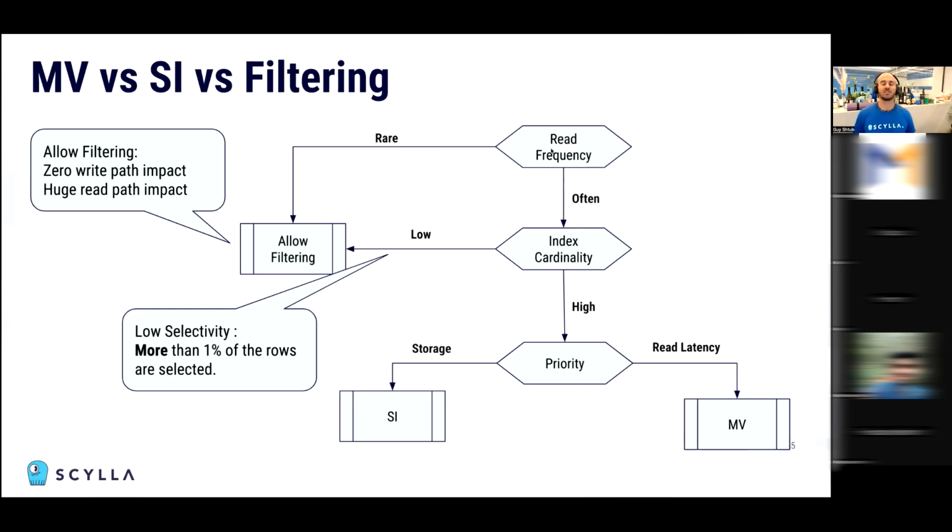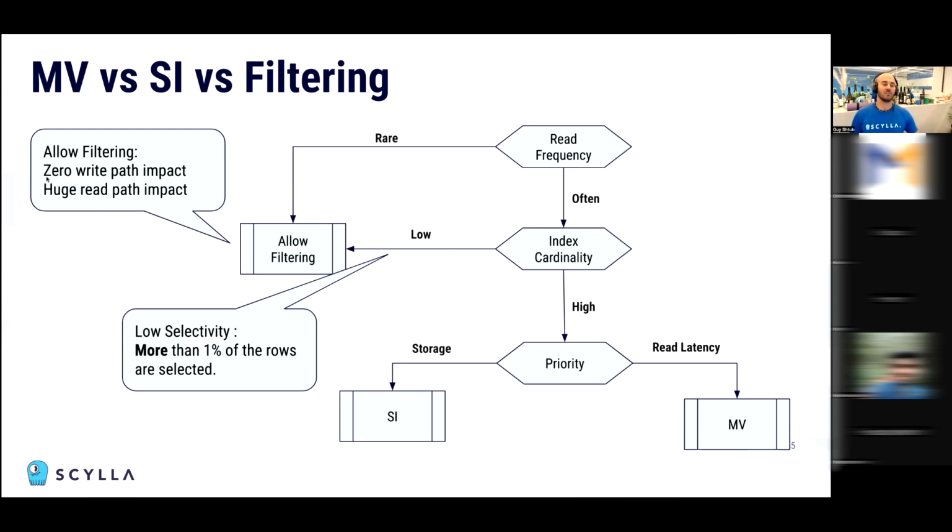Because that saves us having multiple tables, creating copies, paying a price in storage, paying a price in updating the materialized view or the secondary index table. So in that case, it would make sense to use allow filtering. And this is summarized here.